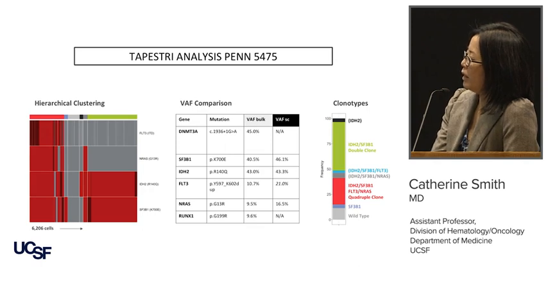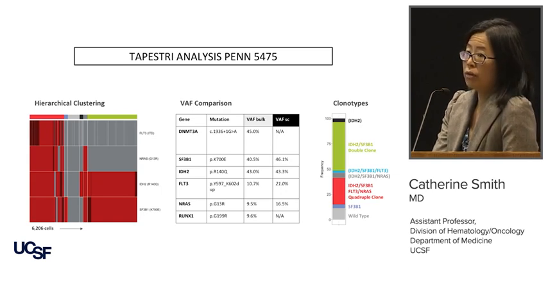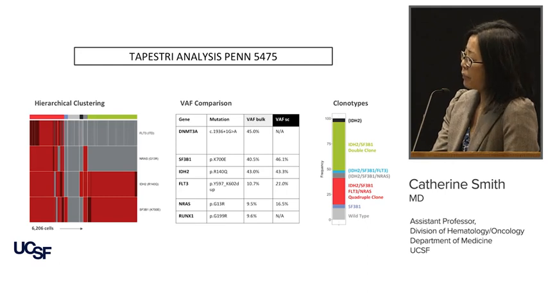One is the expected NRAS FLT3 mutant population that also appears to have an ancestral IDH2 SF3B1 mutation in the background. But there's also a very large population of cells that is mutant only for IDH2 and SF3B1, which represents a non-FLT3 driven population that potentially was selected for during the course of drug treatment.